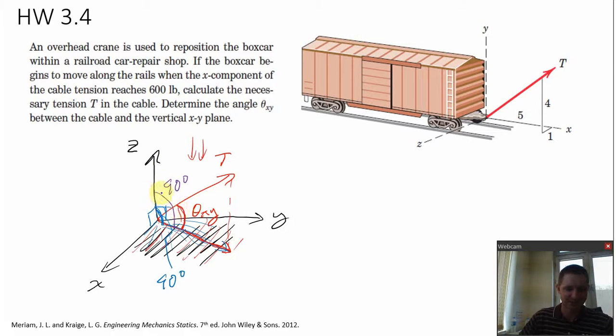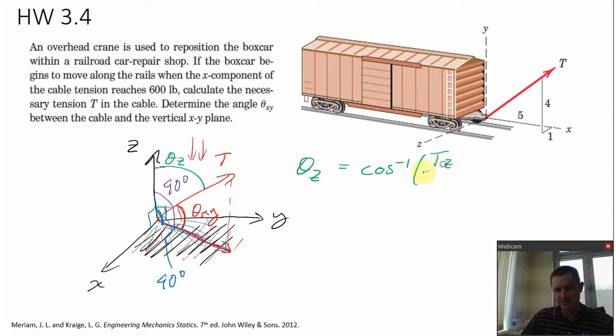And can I find this angle? Let's say that's the angle theta z. That's the angle the tension vector makes with the positive z-axis. Yeah, we can do that. That's theta z, we can find by using our direction cosine.